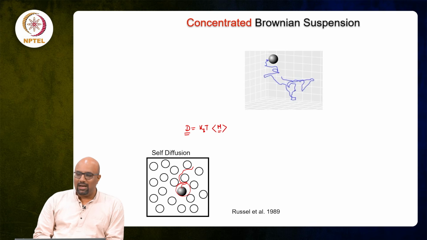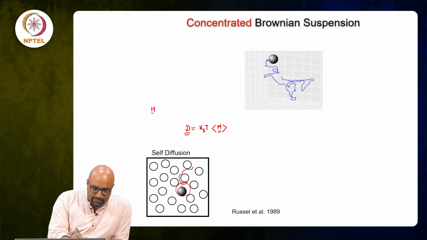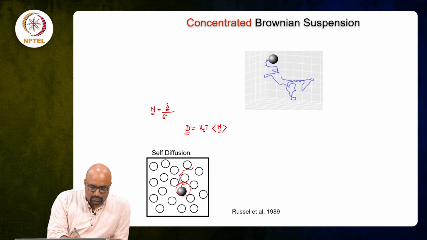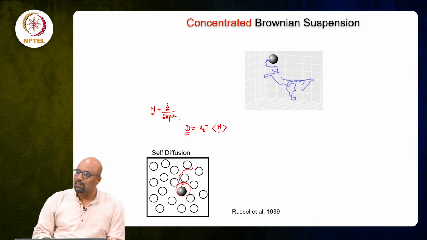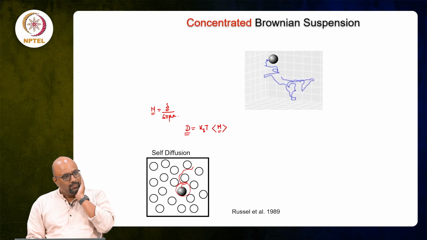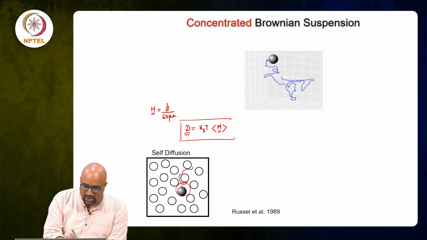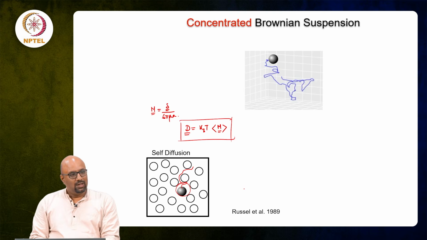The single particle mobility is, what is the single particle mobility? Right. The diffusion that we studied, where we wrote down the Stokes-Einstein relation, this is the general Stokes-Einstein relation, where the diffusivity of an object is related to its mobility.